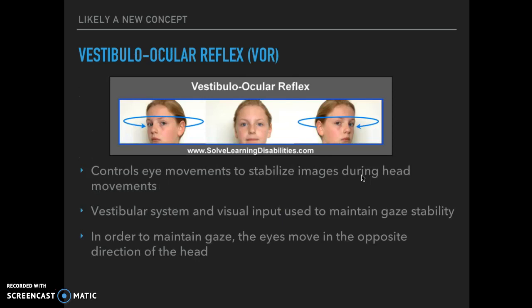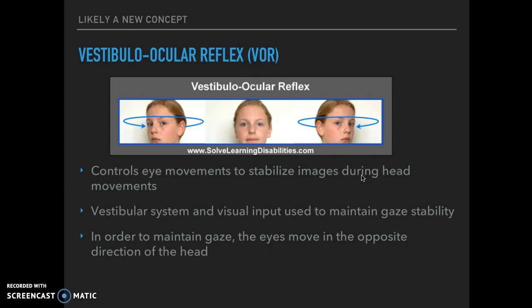With our vestibular system, we can evaluate our vestibulo-ocular reflex. This is kind of an interesting thing. When a patient maintains eye contact on something straight ahead and turns their head from side to side, the eyes reflexively move in the opposite direction that the head moves. So you have the ability to maintain gaze stability.